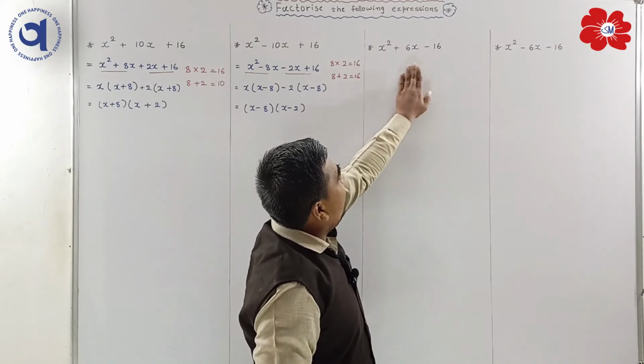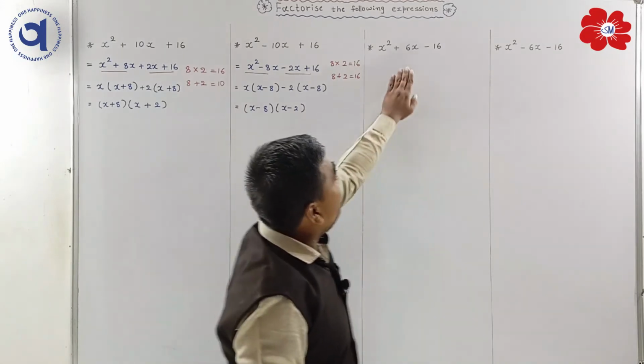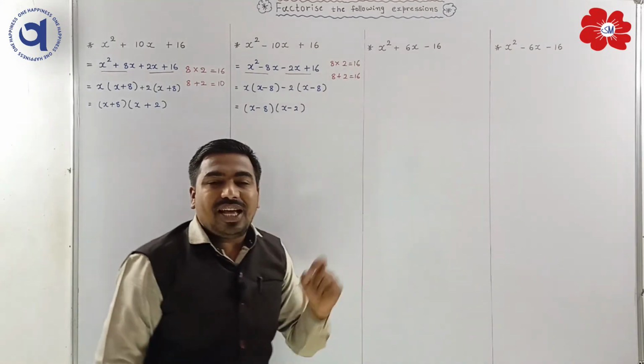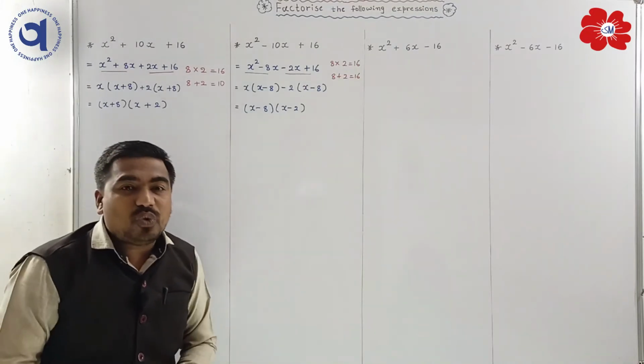x square plus 6x minus 16. Here the last sign is minus. So what do we have to do?